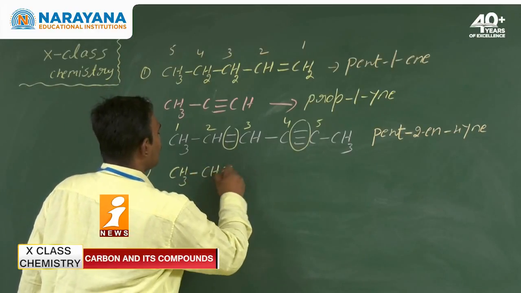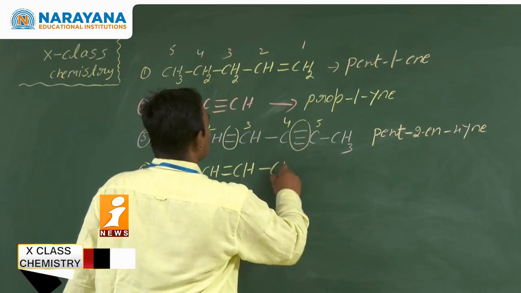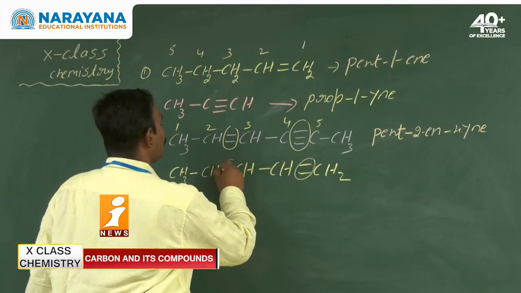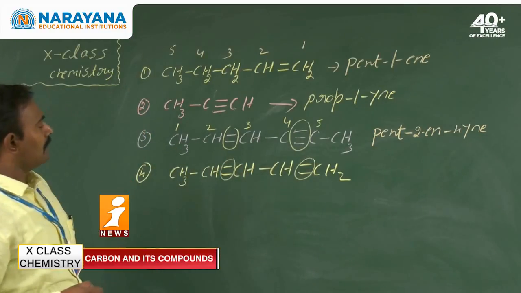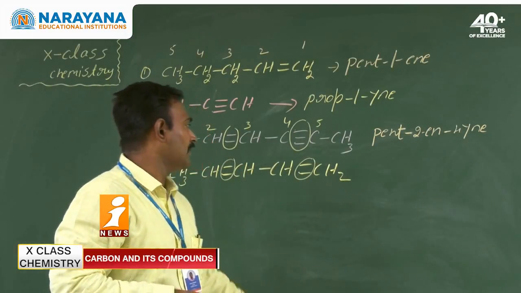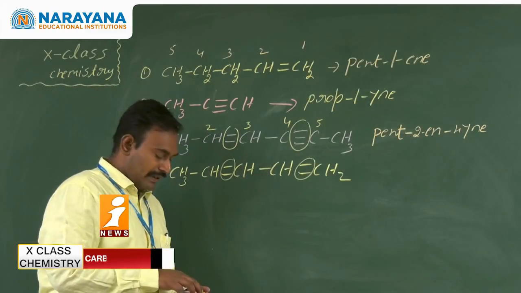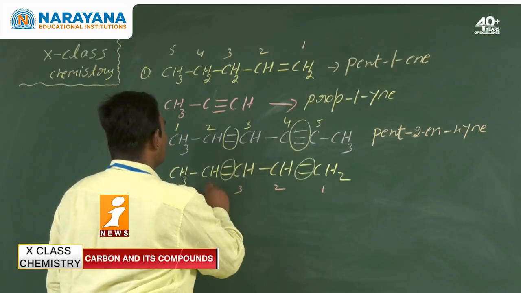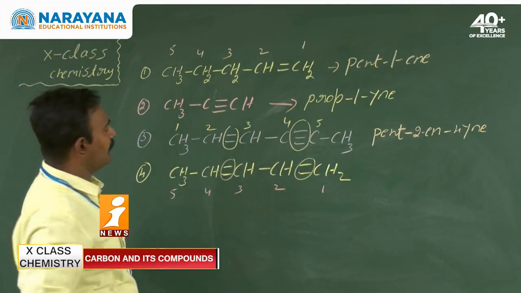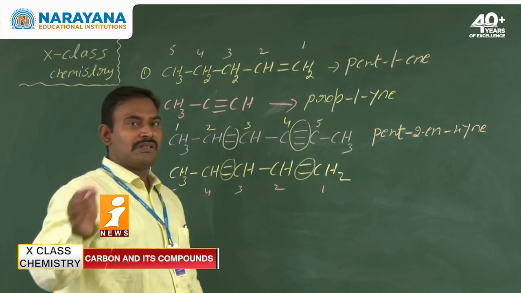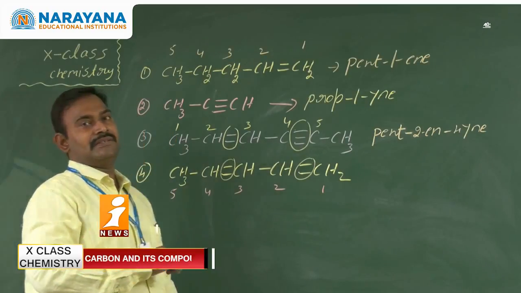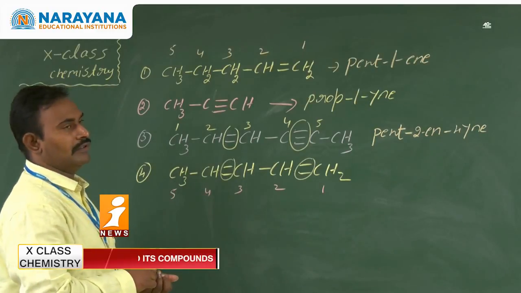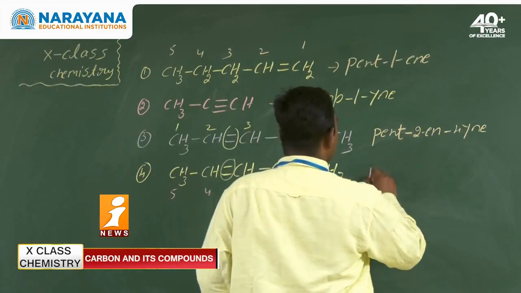CH3, CH=CH, CH=CH2. Here the double bond is present two times. Same procedure: we give the numbering so that the double bonds get the least numbers, and the sum of the positions of the double bonds should also be less. Next, 1, 2, 3, 4, 5. So the name of this compound is pent.